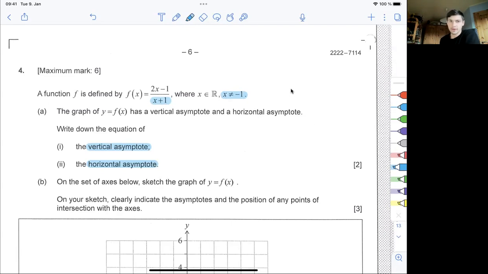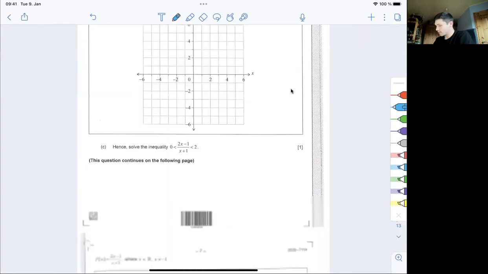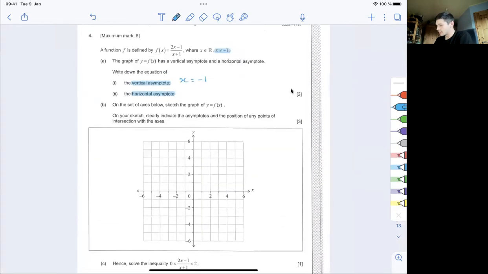And we can't divide by 0 because then our function is undefined. So that is a bit of a hard and fast rule that you can take. So the vertical asymptote here is going to be x = −1. We will copy this down and do all the working on the next page.